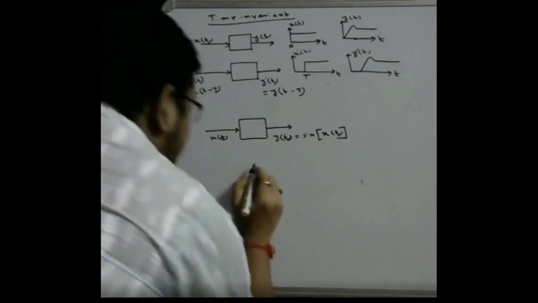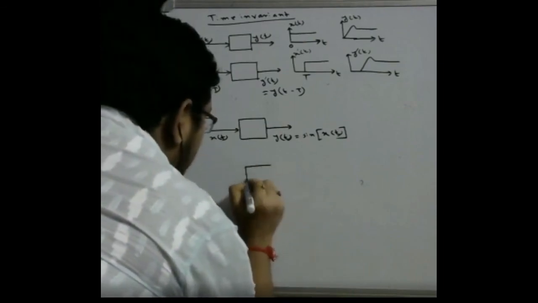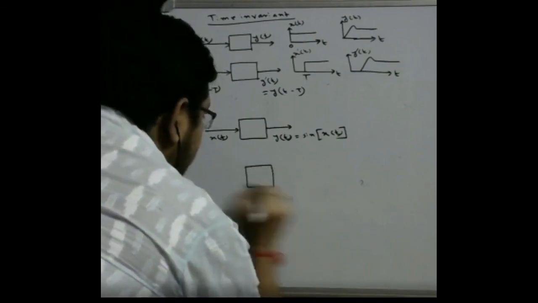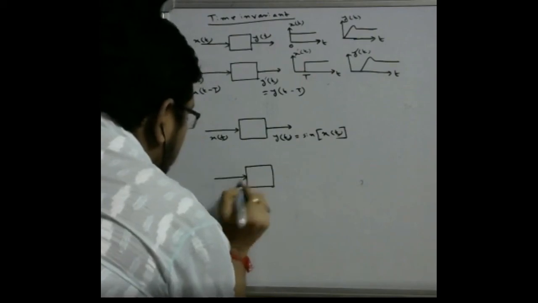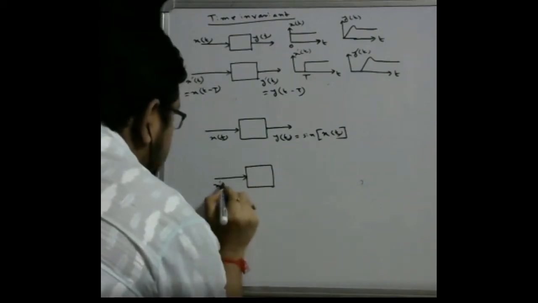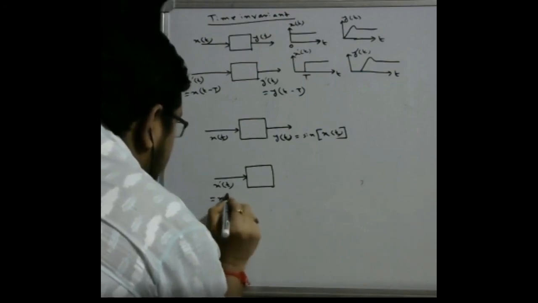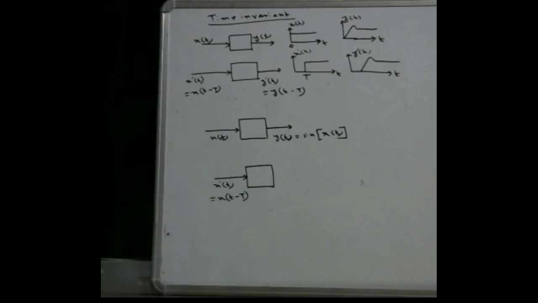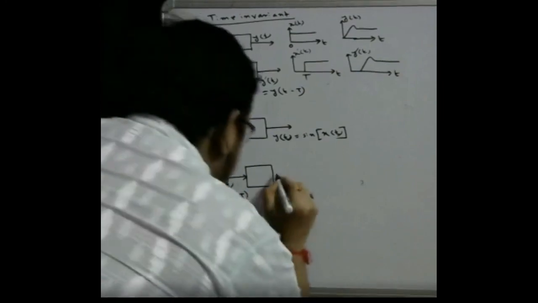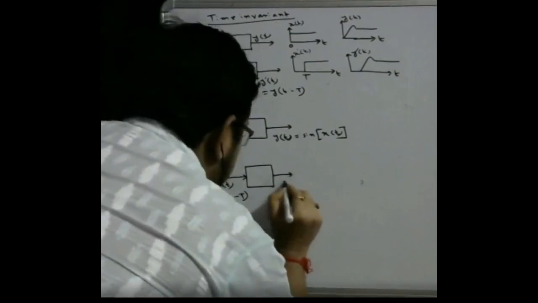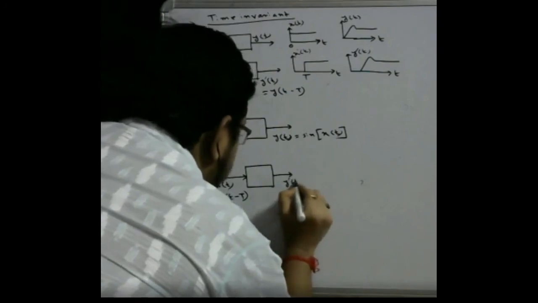For the time being, suppose we have applied another input, x dash t, which is a time shifted version of x(t), that is x(t minus capital T). Now corresponding to this x dash t, suppose the output is y dash t.